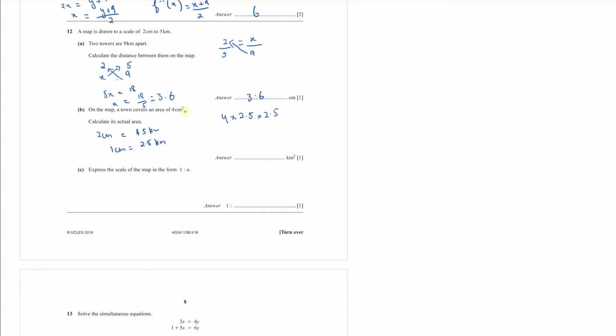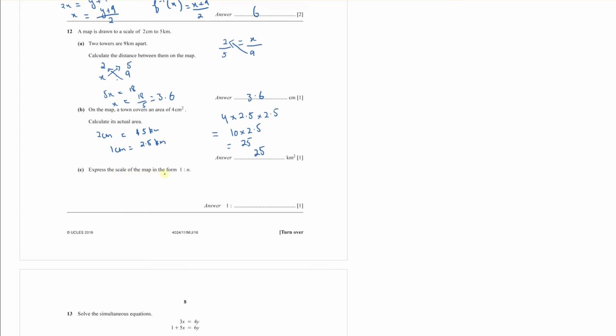If it was 4 centimeter, we would just have multiplied it by 2.5 to get the value in kilometer. Since we are calculating the area, we have to multiply it twice. So 4 times 2.5 is 10 into 2.5, which gives you 25. So 4 centimeter square would be in reality equal to 25 kilometer square.